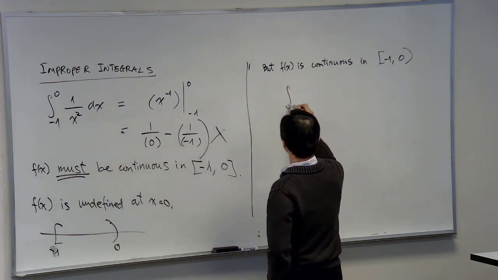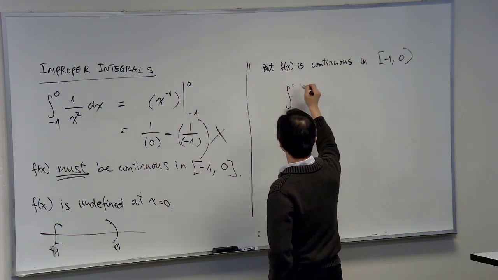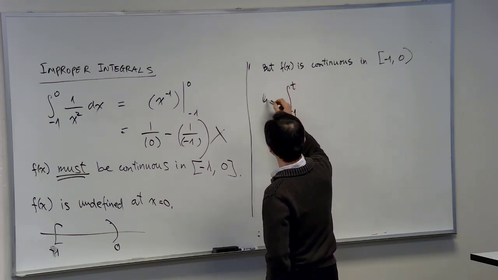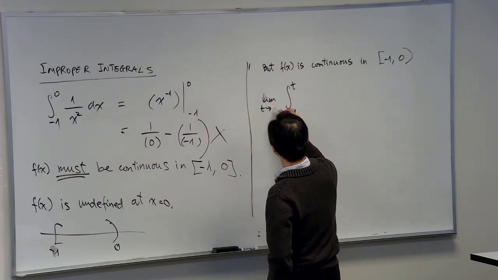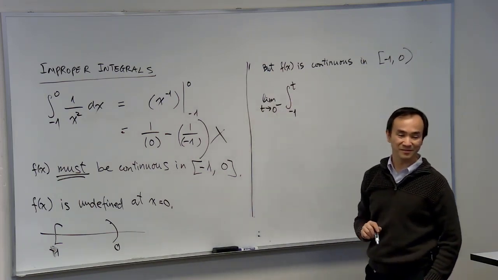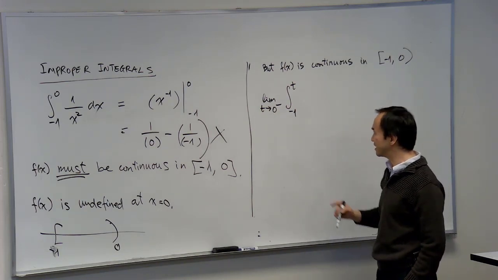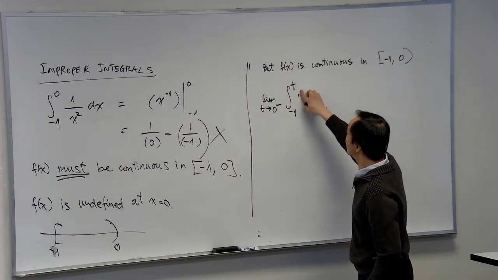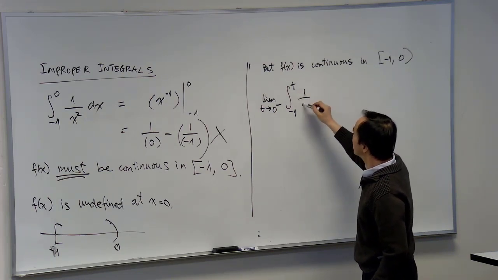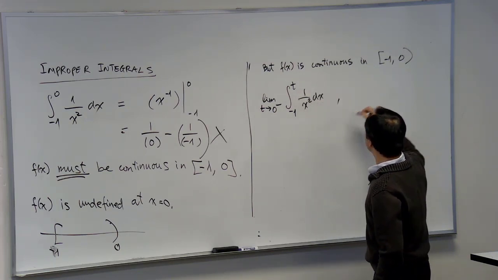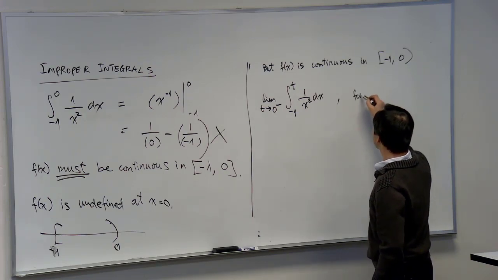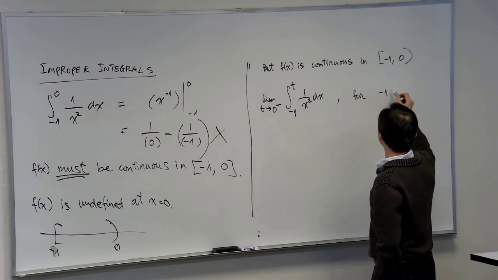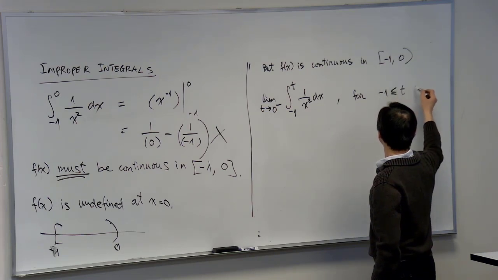Think about an interval from -1 to t, where we let t get close to 0 from the left-hand side this time, unlike the earlier work. The integral of 1 over x squared dx, for t greater than or equal to -1 but strictly less than 0.